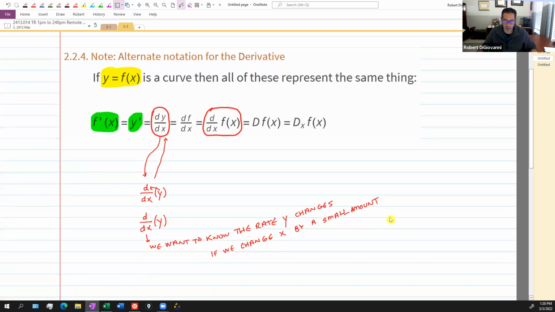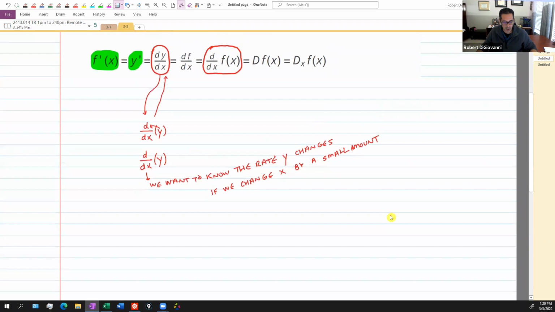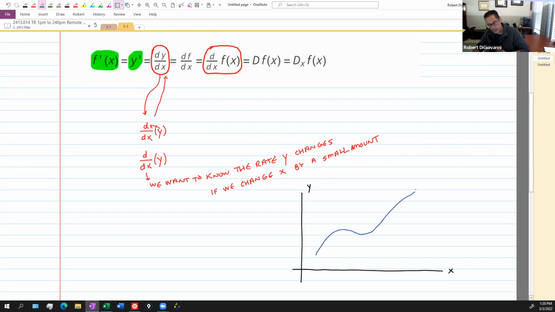Let me illustrate what I'm trying to say here. If I draw a picture, remember this is the x-axis, we could say this is y. Let's say that we have some function here that does this. And let's say I pick some value here, x, and I go up to the function here.